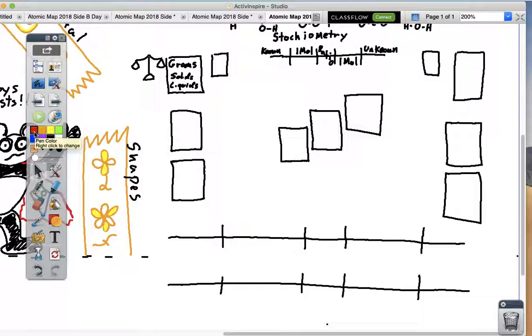So let's see, what else could we do? Gases. Now we do liters. Okay, so liters are for gases. So if I told you I had 10 liters of hydrogen, how much water could we make? The given would be we have 10 liters of hydrogen.